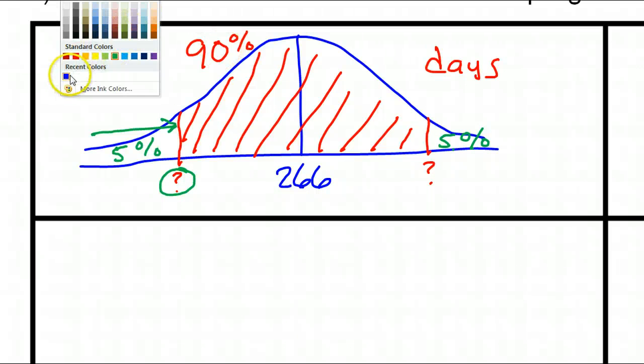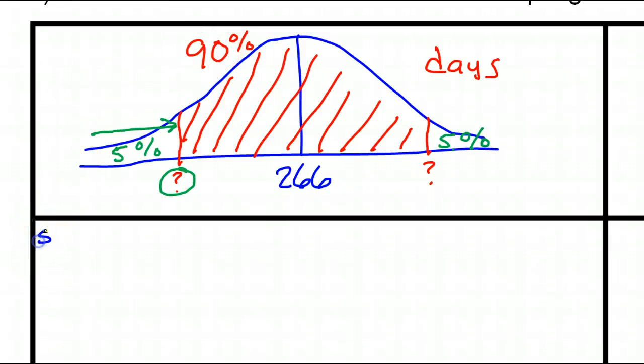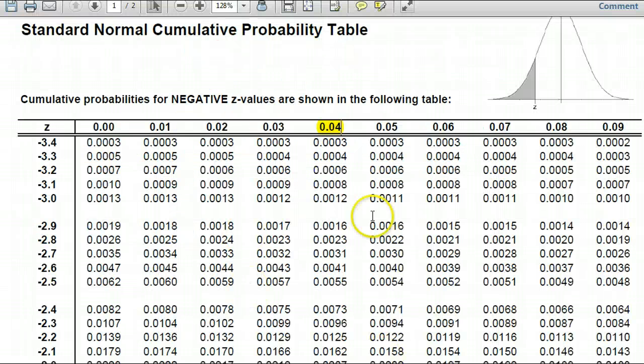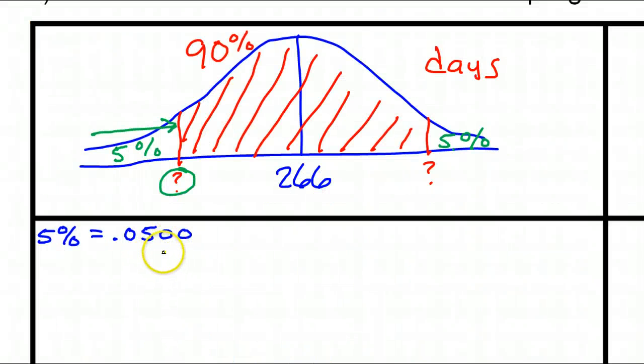Okay, so using the 5%, I've got 5% as a decimal. Remember, I have to move it twice, so this would be 0.05. Okay, and I'm going to go ahead and put 0.0500 just to make it the same length as all these decimals on the chart. Now, let's find the closest thing we can to this.